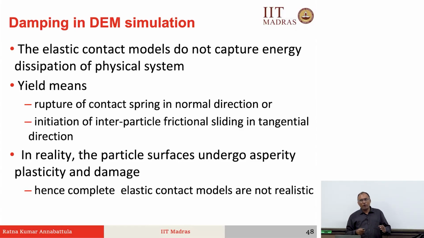So, although you are thinking that you are modeling it as a completely elastic material with only elastic contact interaction, the reality is that there will be some plasticity at the local level, and hence completely elastic models are very unrealistic, although they are good for us to implement and show.